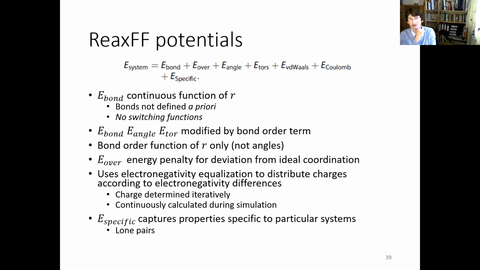So it's one of the significant costs of this type of simulation. As I say, each specific term captures properties such as lone pairs that are specific to some systems, but it isn't usually needed. And because of the way these are defined, there's no reason why it can't do ionic interactions and covalent interactions using the same functional forms. So that's basically the ambition.